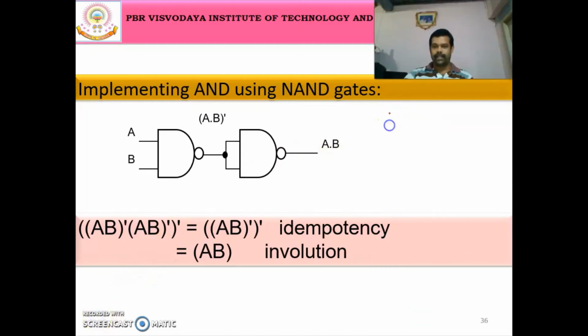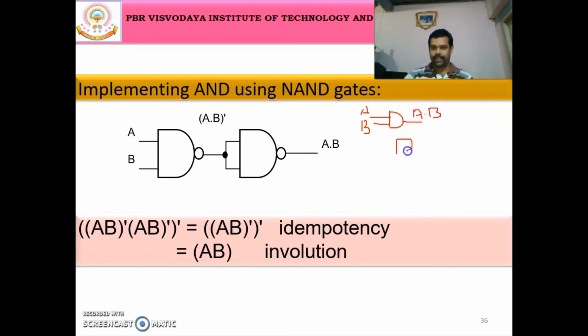So AND gate, if you are having two variables A and B, the output what you are getting is A into B. This is AND gate.